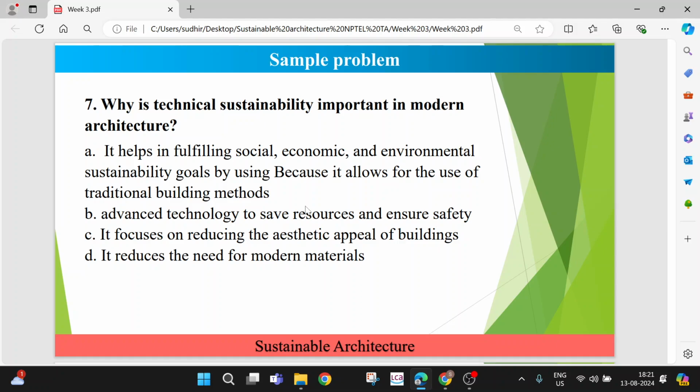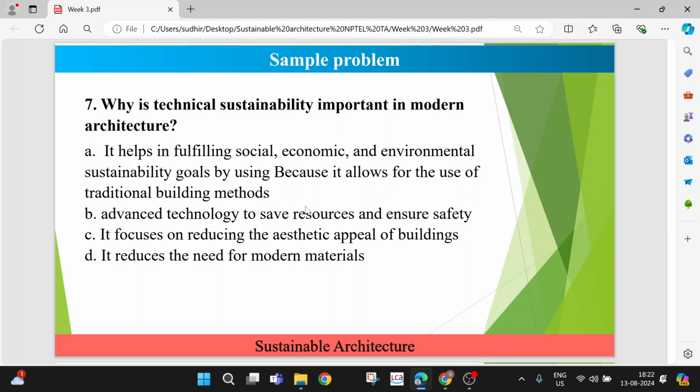How it helps in fulfilling the social, economic, and environmental aspects has been discussed in detail in the video lecture. So I think now it is clear. Some of you have marked answer B, advanced technology to save resources and ensure safety.